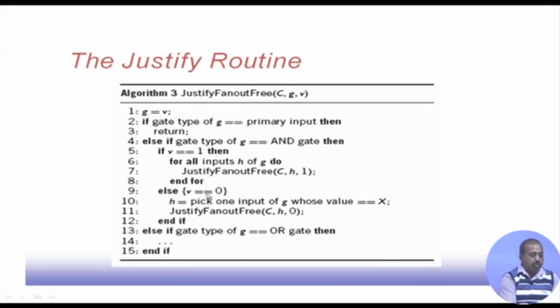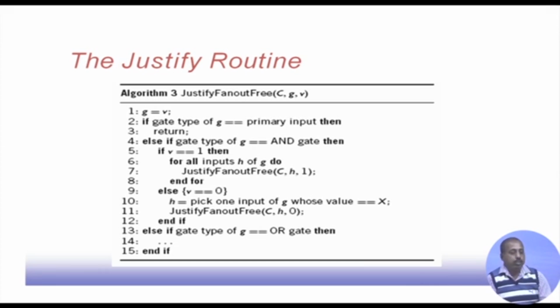Otherwise, if V is equal to 0, then we can very easily take only one of the inputs and put it to 0. We pick up one input of G whose value is currently unknown, because we don't want to fall into any conflict, and try to put a 0 there. How can we put a 0 there?